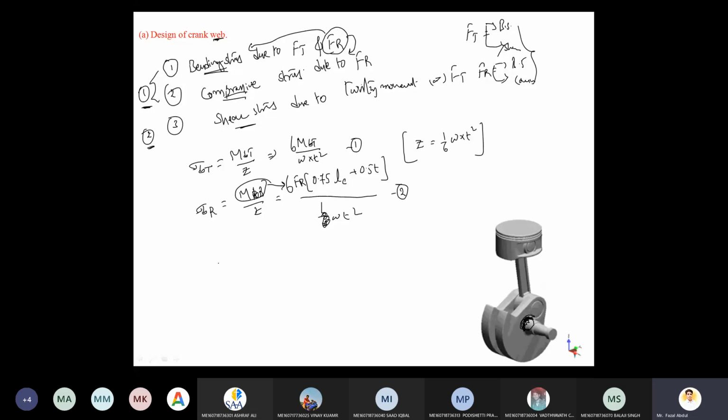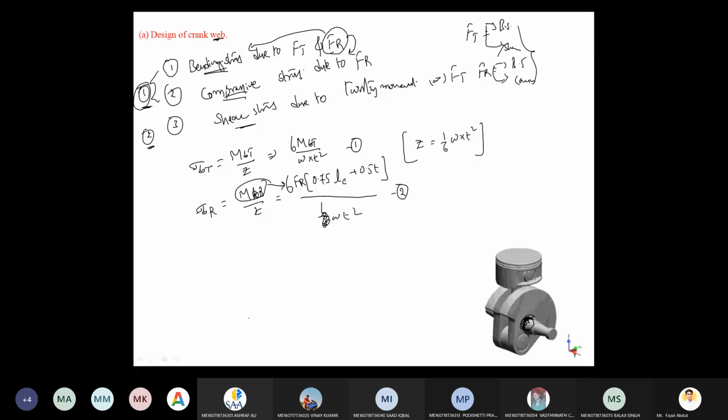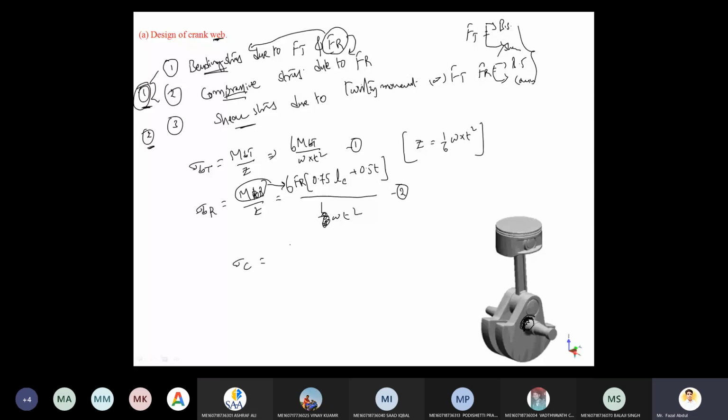Before this, I said this is the one category, and these two I'm calculating as a total compressive stress, sigma C. So sigma BT and sigma BR I calculated.